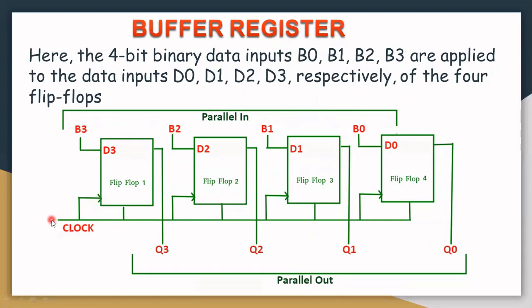And we are giving a common clock to all the D flip-flops. Then inputs: B3 to D3, B2 to D2, B1 to D1 and B0 to D0. And outputs are taken as Q0, Q1, Q2, Q3.